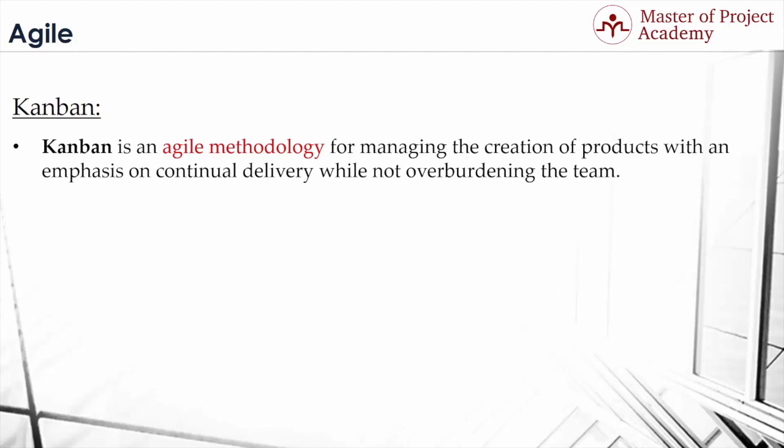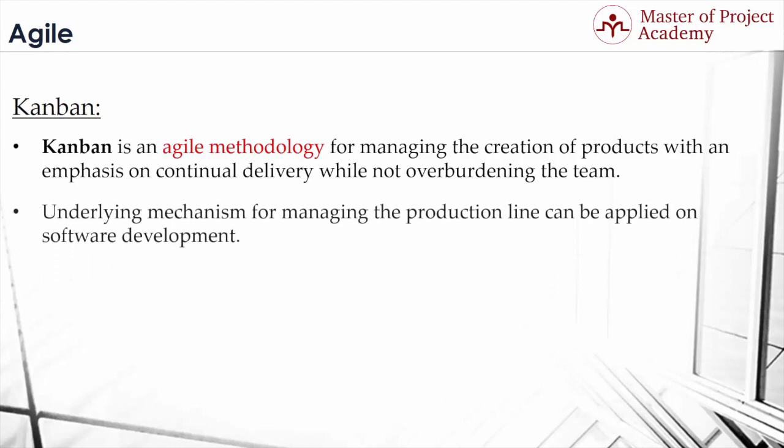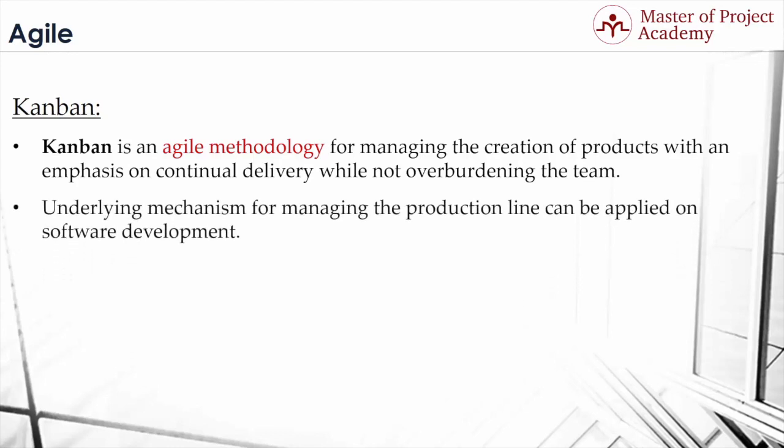Kanban is a new technique for managing a software development process in a highly efficient way. Kanban underpins Toyota's just-in-time or JIT production system. Although producing software is a creative activity and therefore different to mass-producing cars, the underlying mechanism for managing the production line can still be applied.